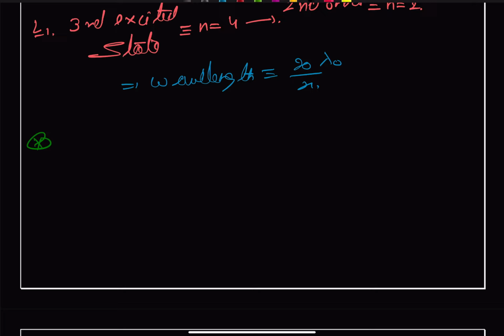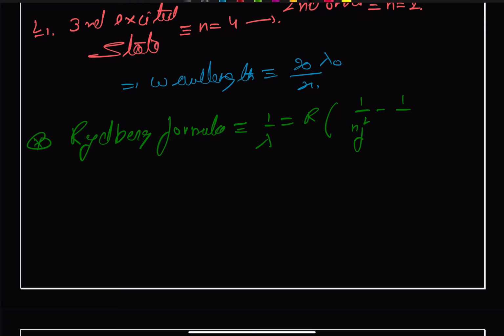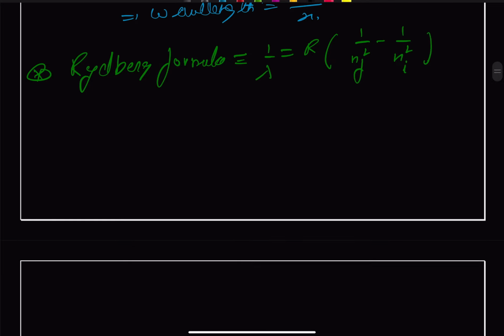So we say Rydberg formula, and that Rydberg formula is our 1 upon lambda is equal to r, we have 1 upon nf square minus 1 upon ni square. And we have two wavelengths.